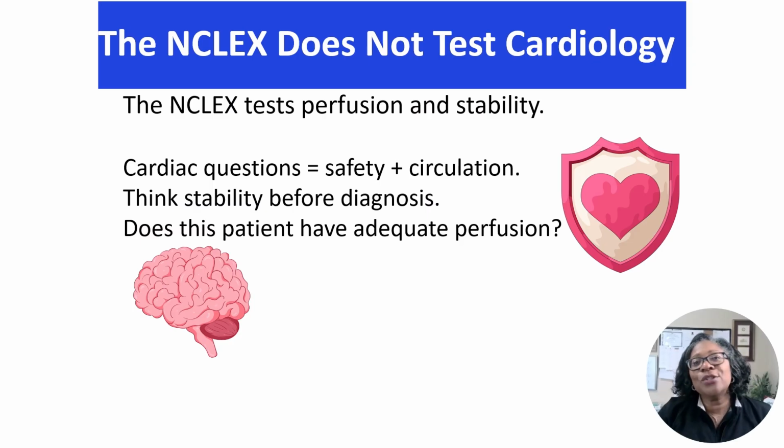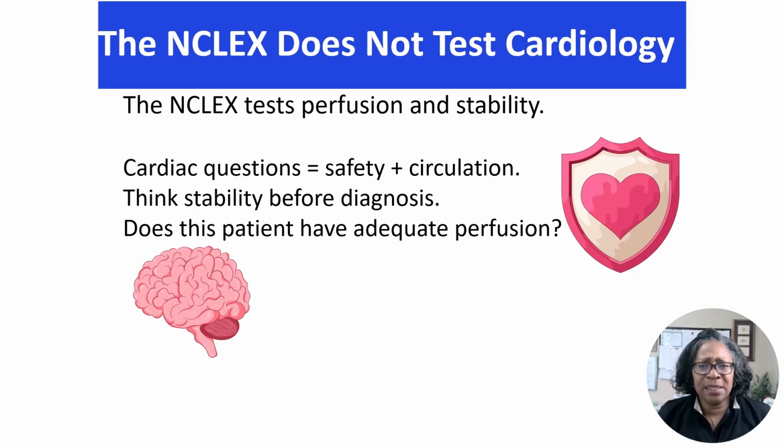And we're finding that students really have a hard time noticing when a patient is deteriorating, noticing when there's a problem. So instead of memorizing cardiac content, we really need to train your brain to ask, is the patient stable?